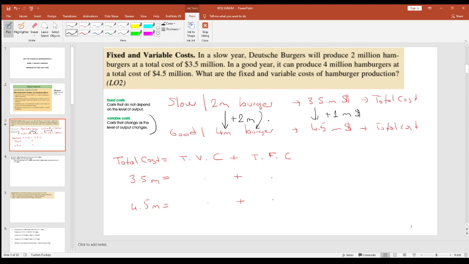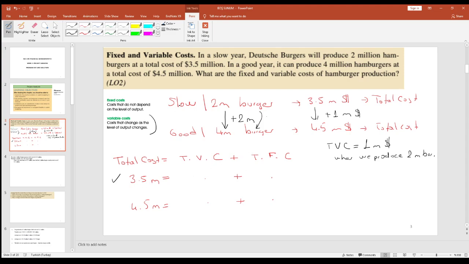So we can say that total variable cost is equal to $1 million when we produce 2 million burgers. Okay, so let's come here and check.